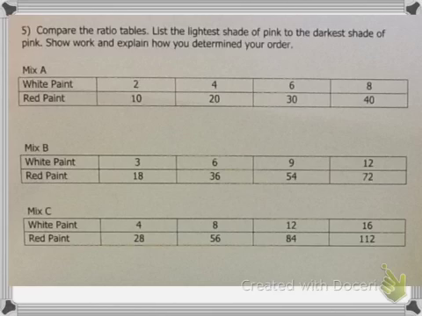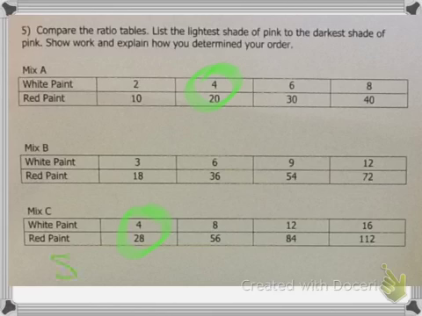So as I'm looking at the tables, there are some things that I see that are in common, and I'm going to highlight those, and I'll try to do different colors. I notice that for mix A, I have 4 white paints to 20 red paints, and mix C has 4 white paints to 28 red paints.